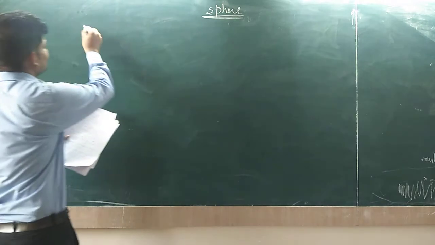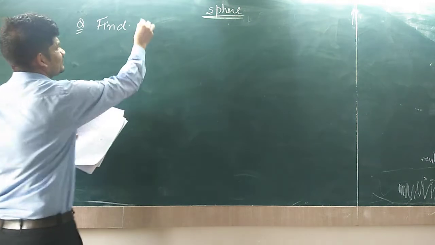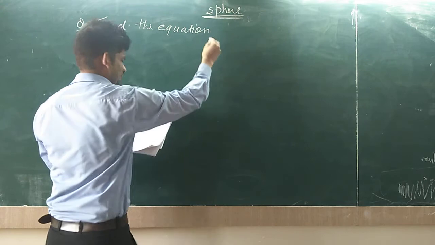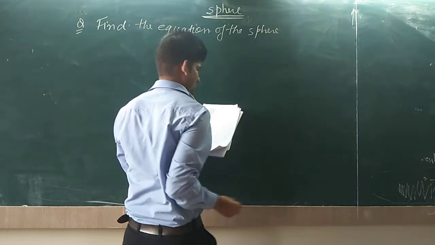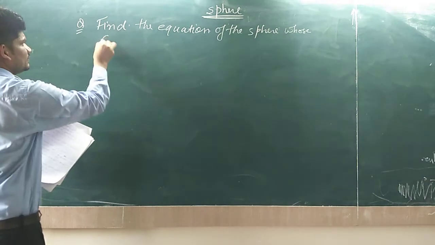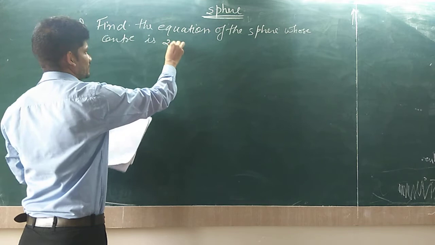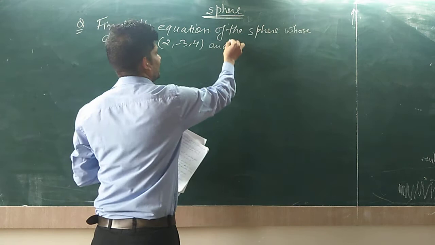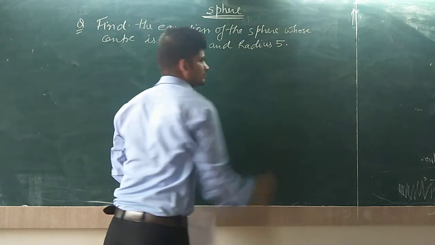The first problem is: find the equation of the sphere whose center is (2, -3, 4) and radius 5.